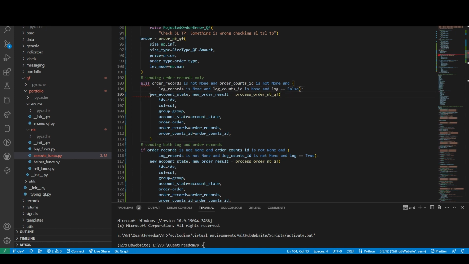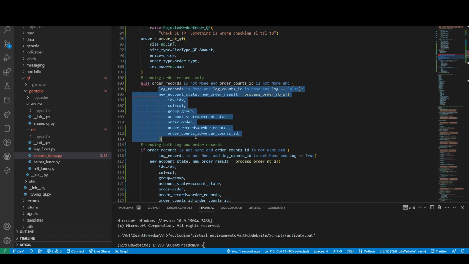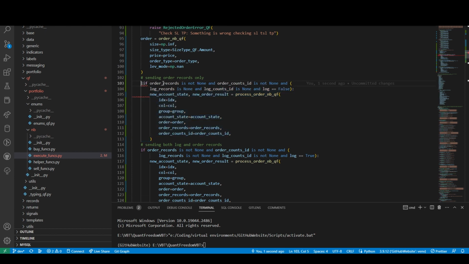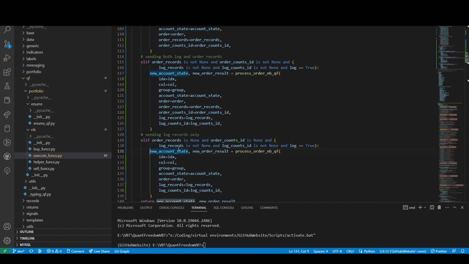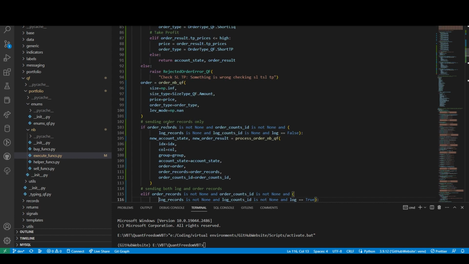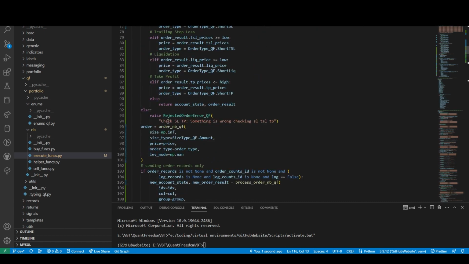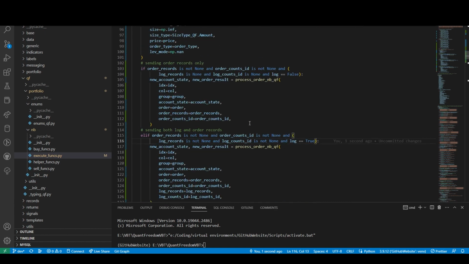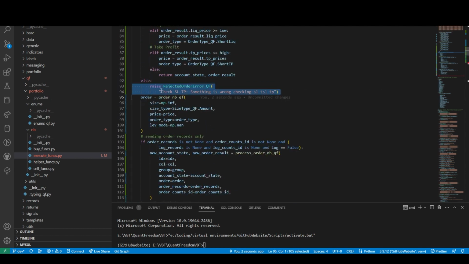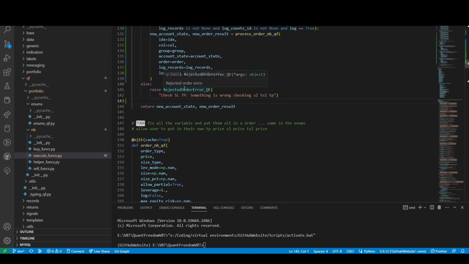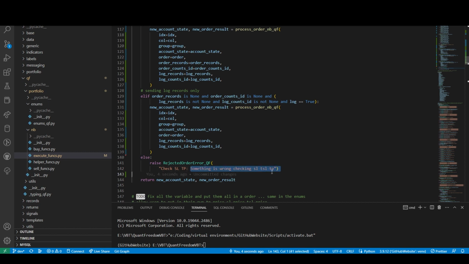Why did I do this? Oh, that's why. If this, then elif this. Oh, it's automatically okay. Else, it'll say something here about something wrong with order log record.